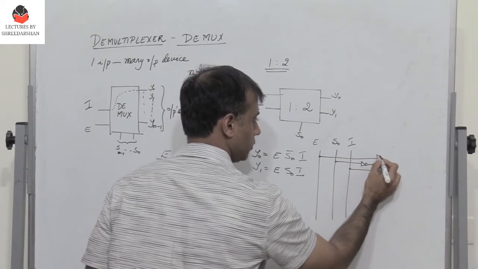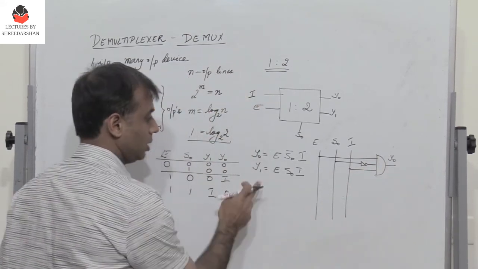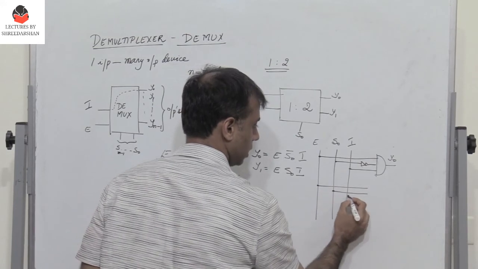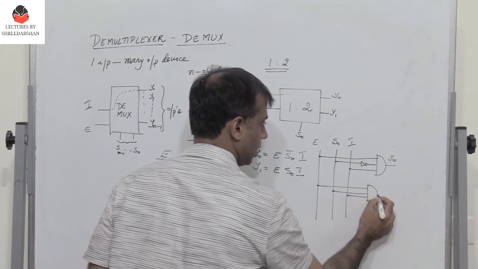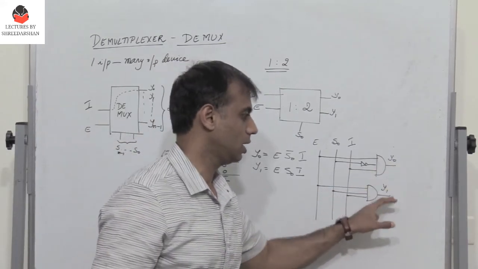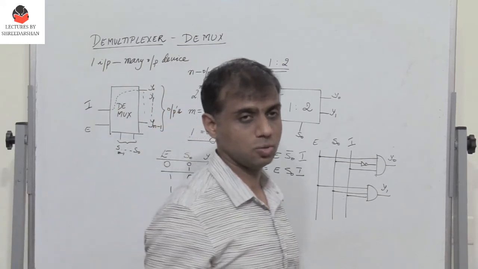I pass all of them through a 3 input AND gate, and you get y0. For y1 it is E, S0, I, and I pass it through a 3 input AND gate to get y1. So this is how we can design a 1:2 DMUX.